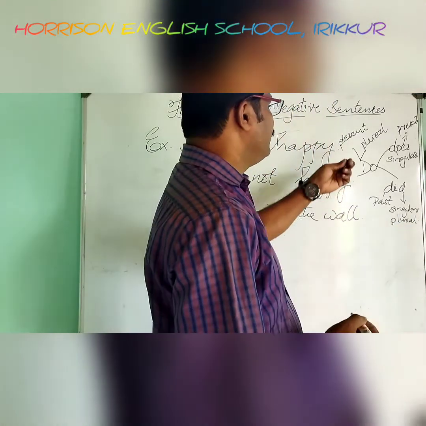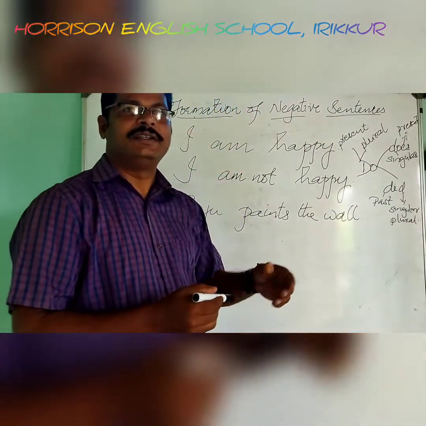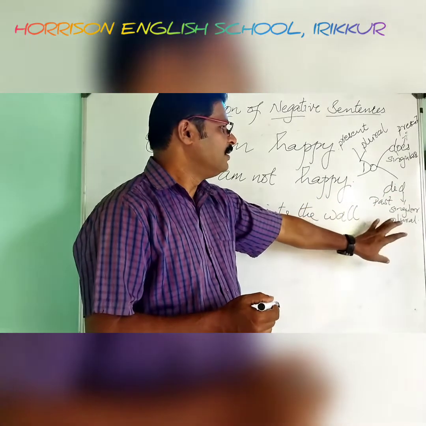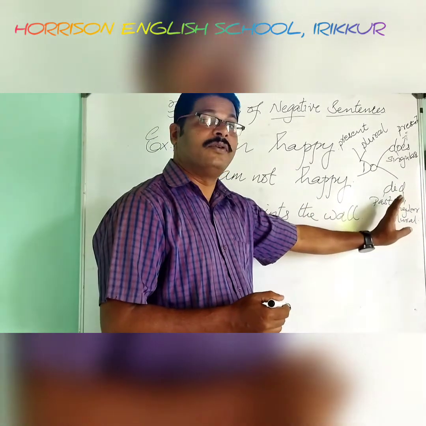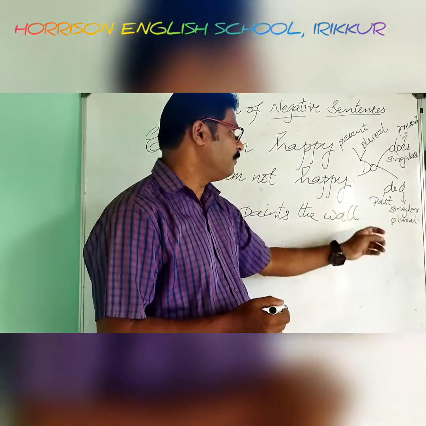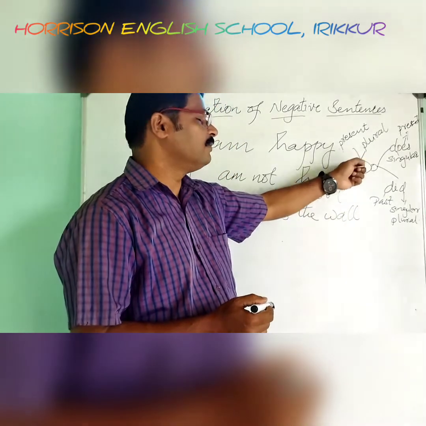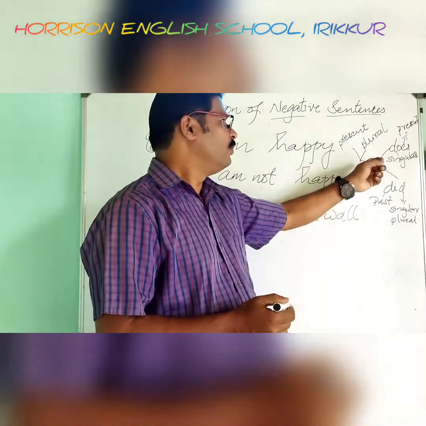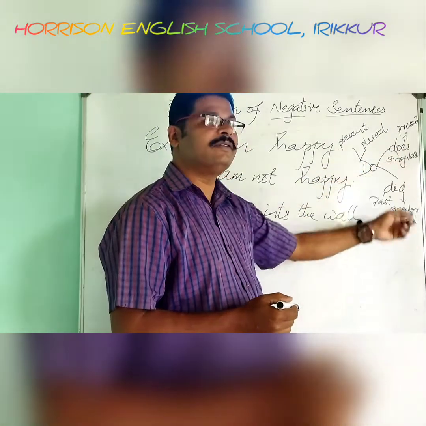So I did, we did, you did, he did, she did, it did. So in past tense we use did for all the subjects, singular and plural, whereas do is used in present tense for plural subjects, and does is for singular.